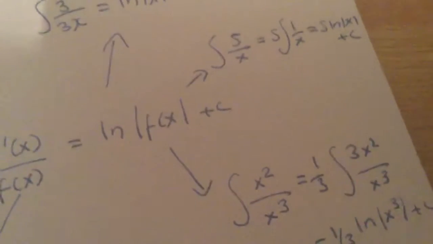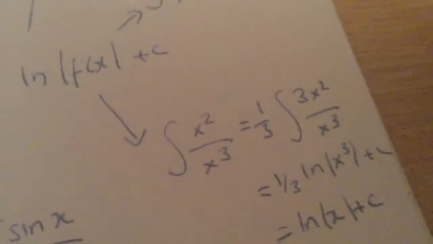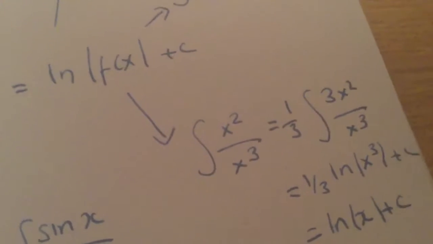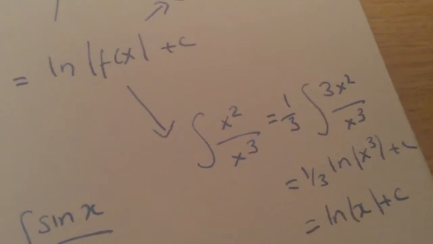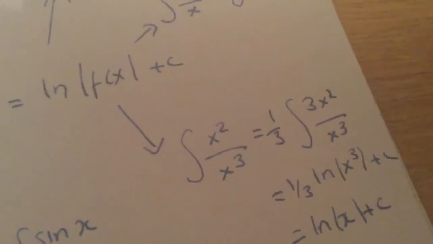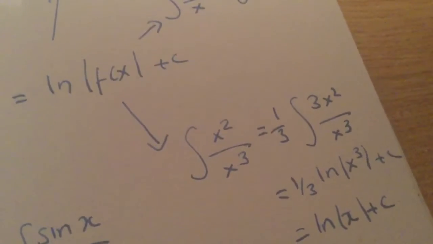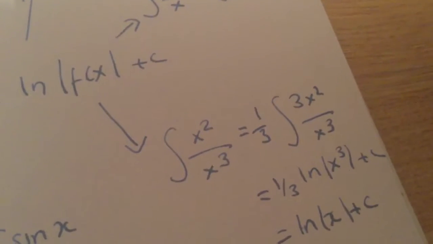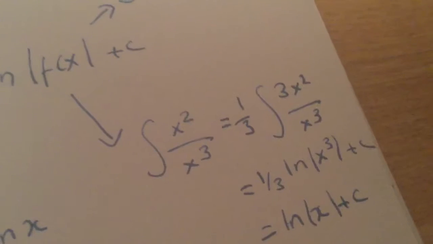Just to show you that that always does work, let's show you x squared over x cubed. Obviously that's just 1 over x, but I've used a different method here. I'm going to use the fact that if I put 1/3 here and I put a 3x squared, 1/3 times 3x squared is just x squared. So you get 1/3 ln of x cubed.